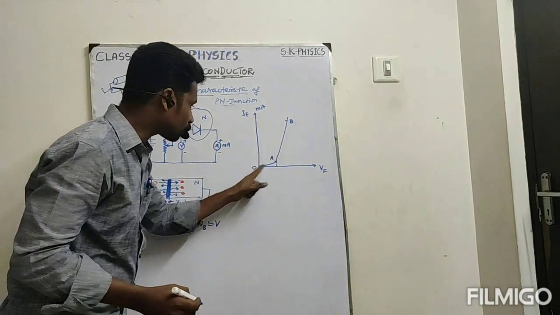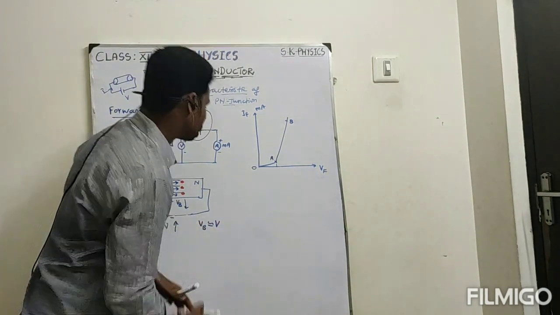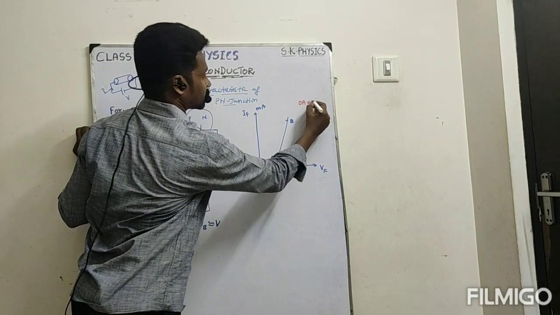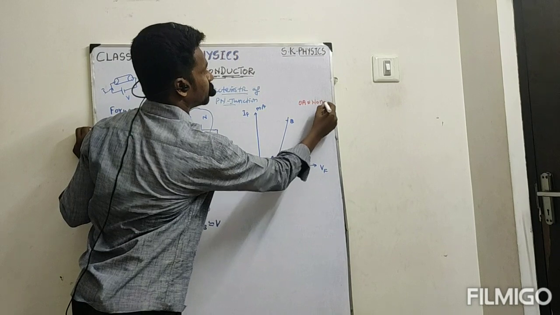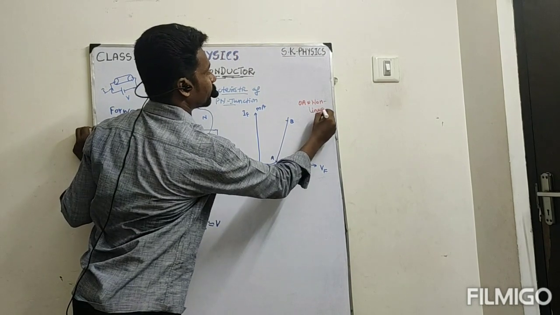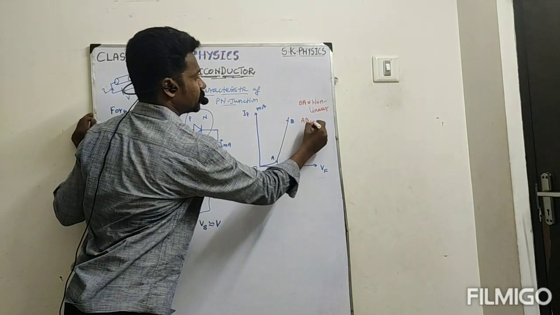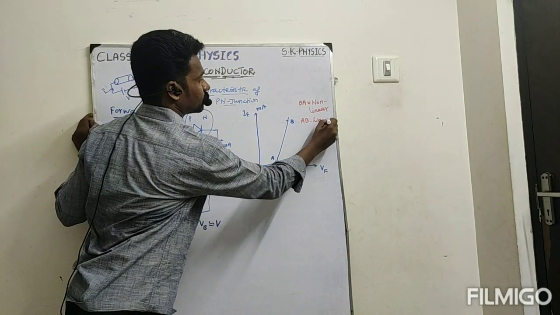If you observe OA, please listen. That OA in this graph is a non-linear curve. But AB is a linear curve.